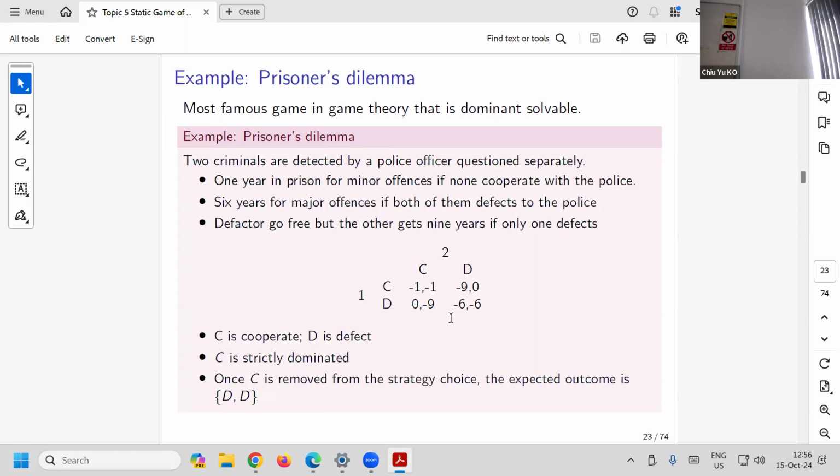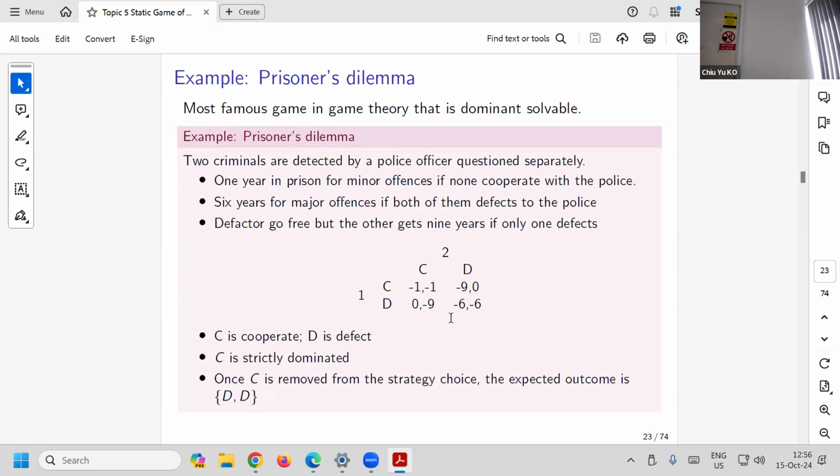Why it's important is that it tells you the fundamental problem of collaboration: there's always a selfish choice that would benefit you if other people are being collaborative.